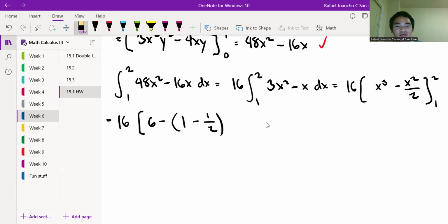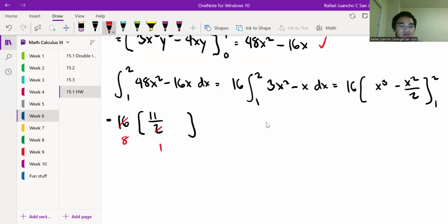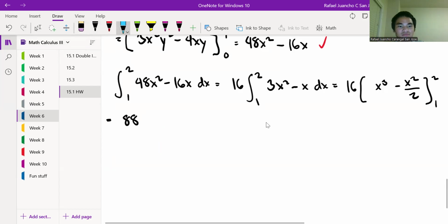So that's 2 over 2, so that's 1/2. 6 minus 1/2 is 11 and a half. 16, cancel 8. 1. 88. Right? So everything's just 88. That's the number. And of course, I'm gonna double check to see if I got it. I don't want to waste some mistakes here. Okay, we got 88.